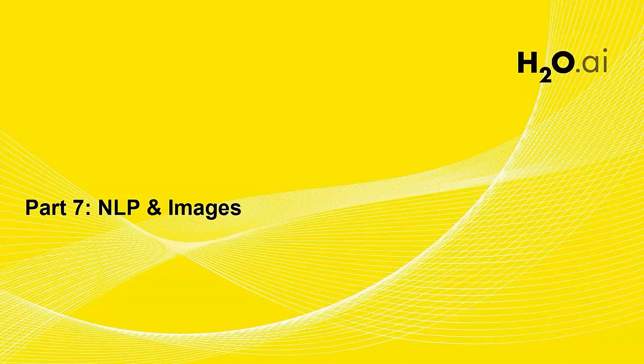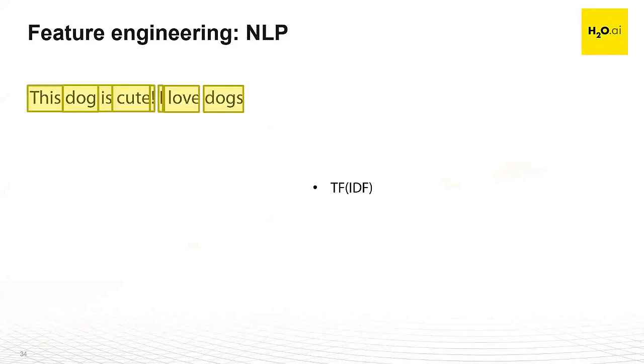Very briefly, I would like to mention NLP and images. So with text, one thing you can do is decompose the text into tokens. You can do that using a technique called, for example, the term frequency matrix, which can also take a different form, adding the inverse document frequency matrix.